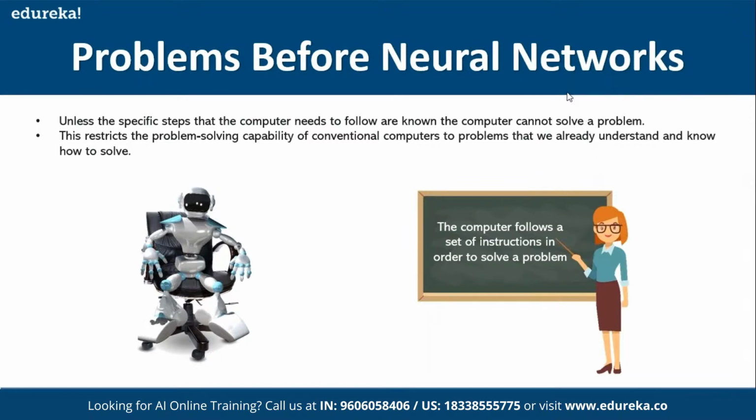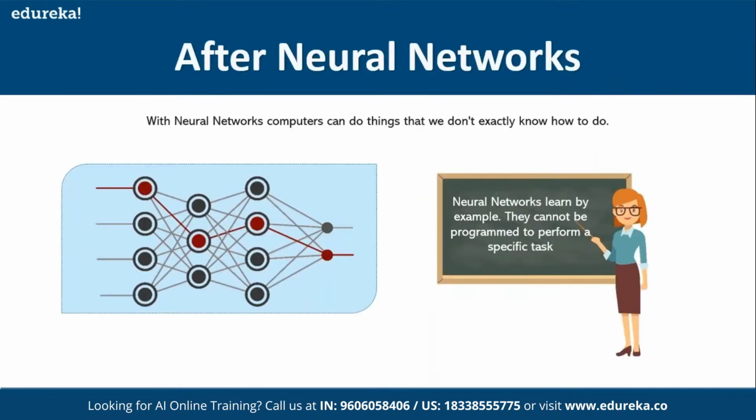If you look at the way a neural network works, you have an input layer, then you have one to many connections, and these one to many connections become more and more with multiple layers in between, which are called the hidden layers.